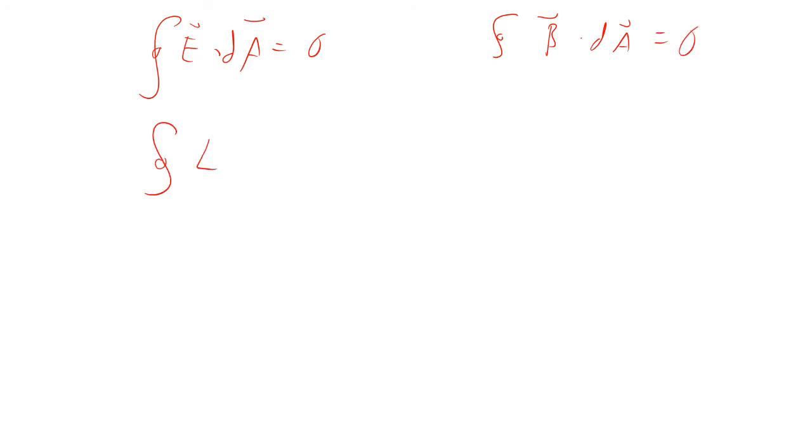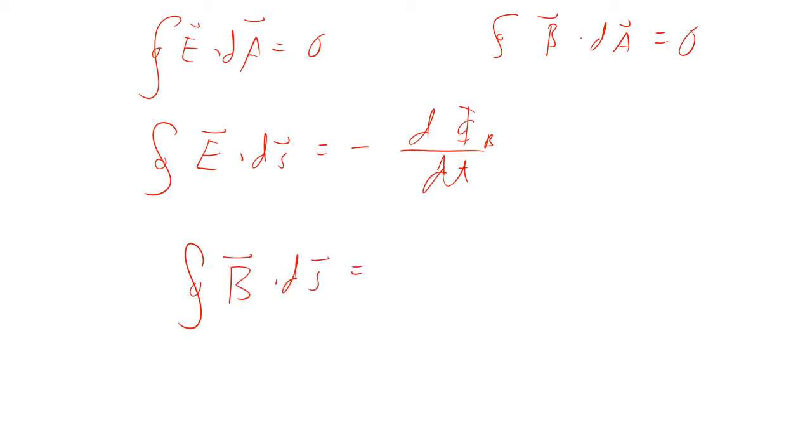Integral E dot ds is still minus the rate of change of magnetic flux, and integral B dot ds, since there's no current, is just equal to mu naught epsilon naught times the rate of change of electric flux. So this gives us our new idea of what's going on.